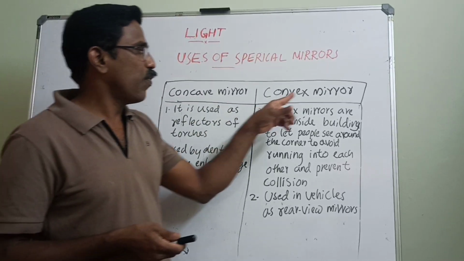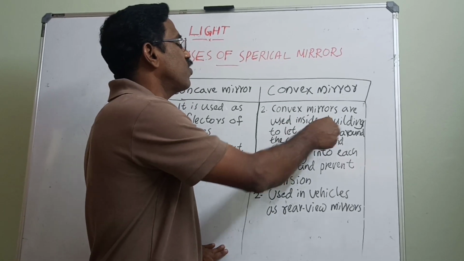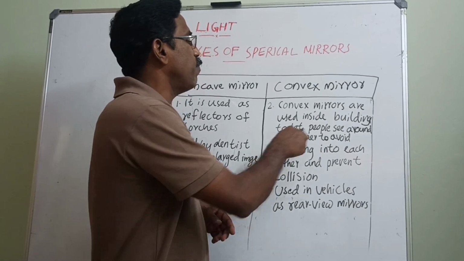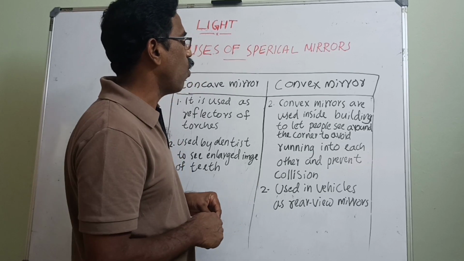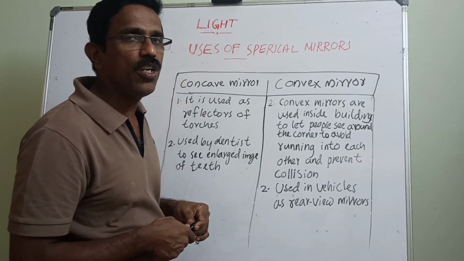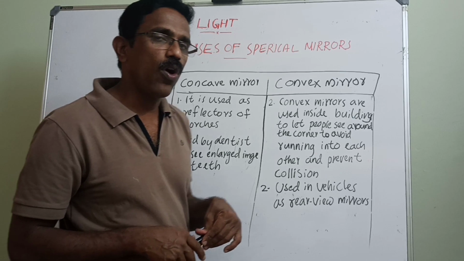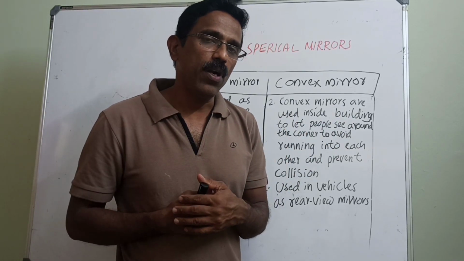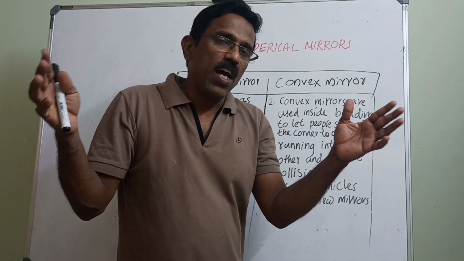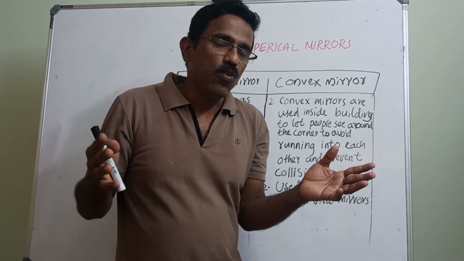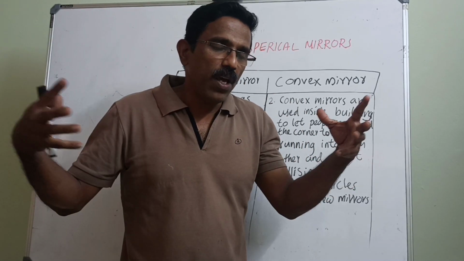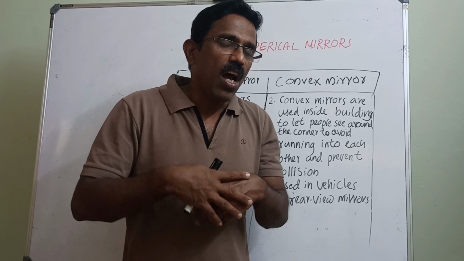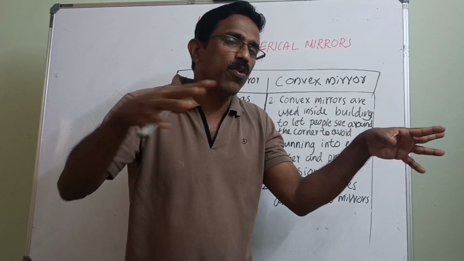Now the convex mirror. Convex mirrors are used inside buildings to let people see around the corner, to avoid running into each other and to avoid collision between people. In big offices and big buildings, so many people are in a rush, they may collide with each other, and there may be so many nooks and corners.